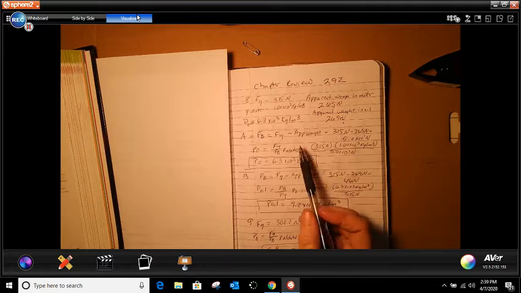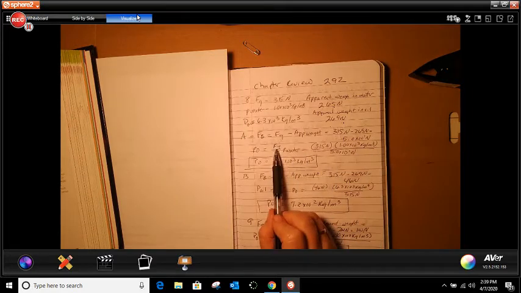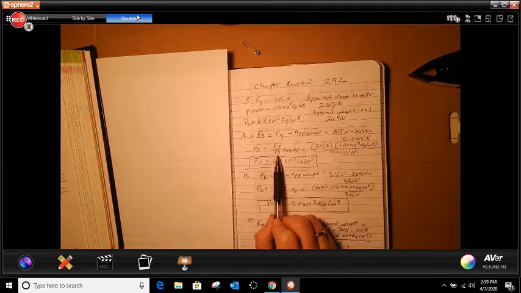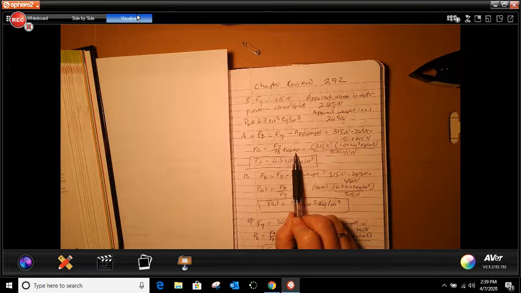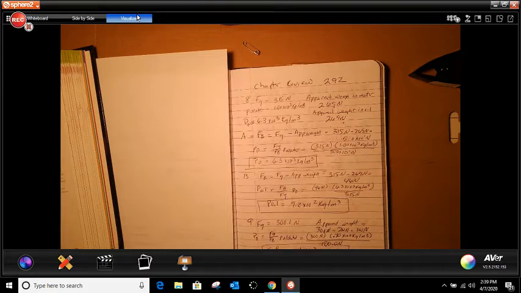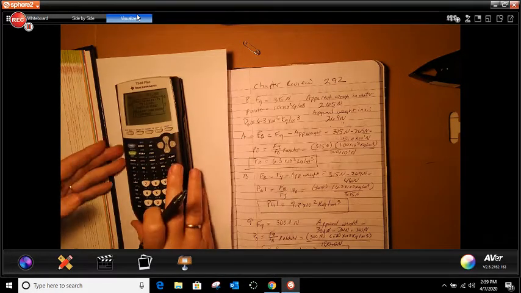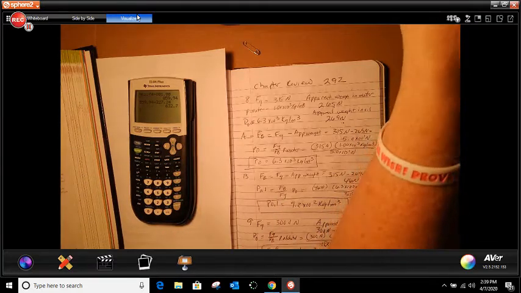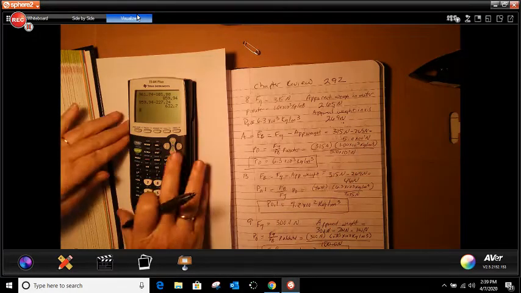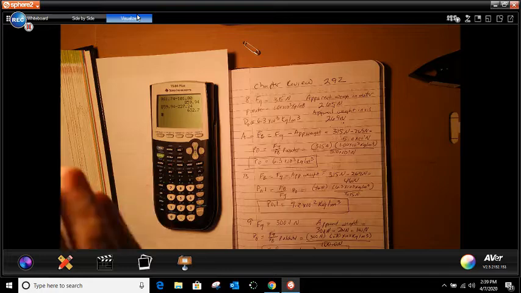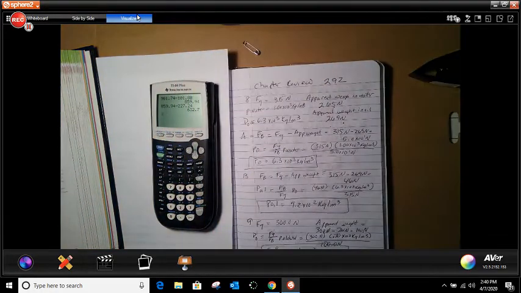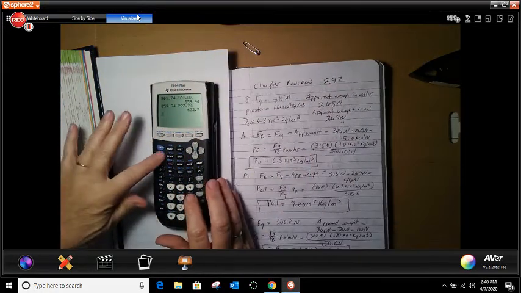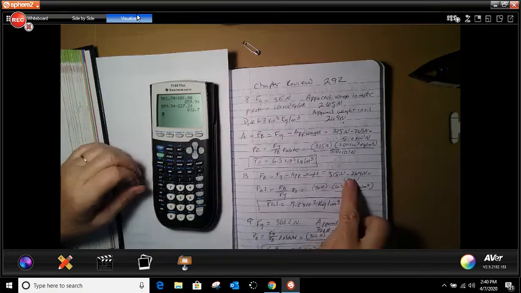To find the density, we are going to use Fg divided by Fb and then times P water. So we're going to put this equation in our calculator. We're going to do alpha y enter because it's a fraction.